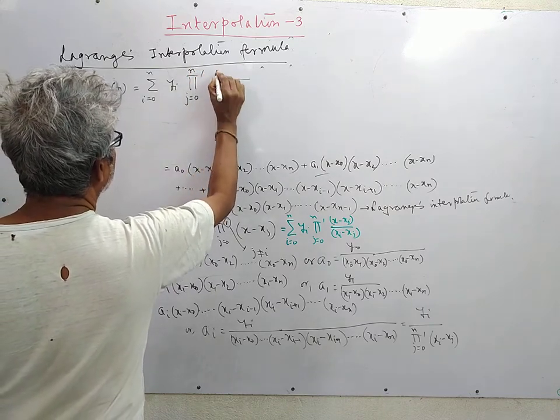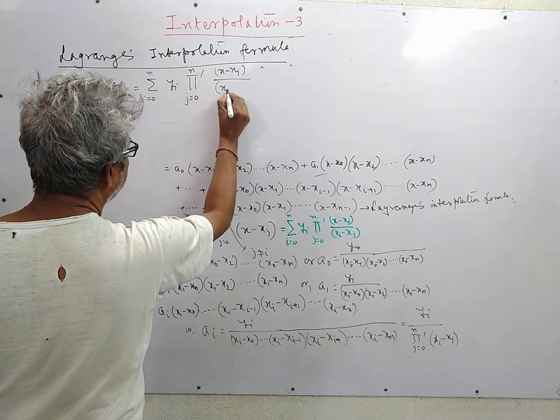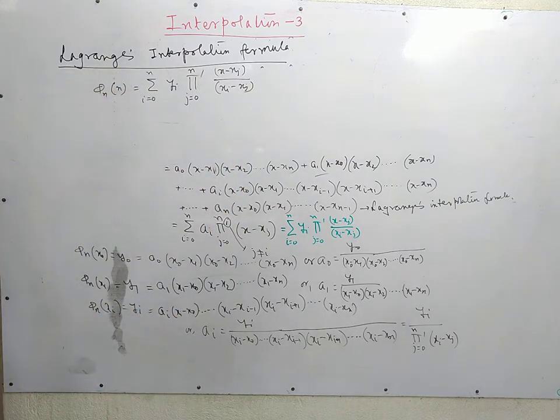In the numerator we have x minus xj, in the denominator we have xi minus xj. This is the formula. Now we shall apply the formula to a specific case.